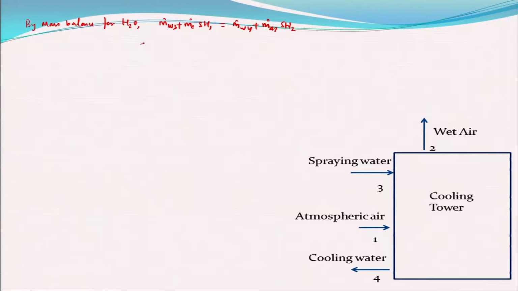MW3 is given as 1200 plus M dot A times SH1, which is 0.01225 kg of water per kg of dry air, equal to MW4 plus MA into 0.027, that is SH2. So you can use this as equation 1.